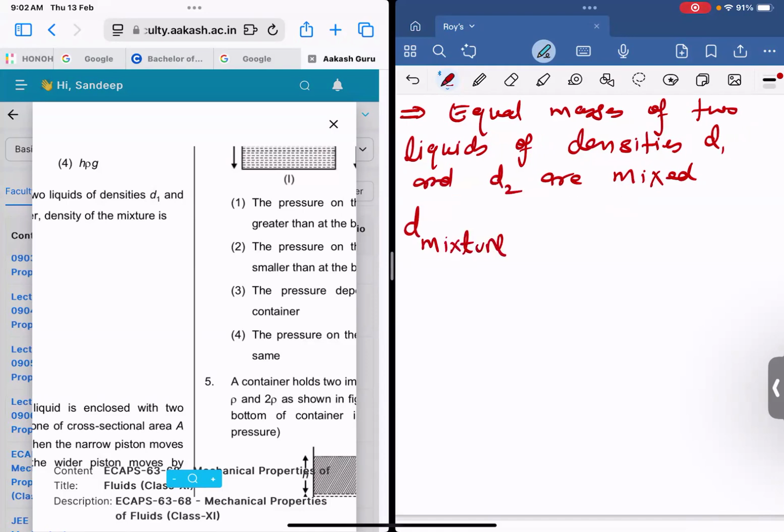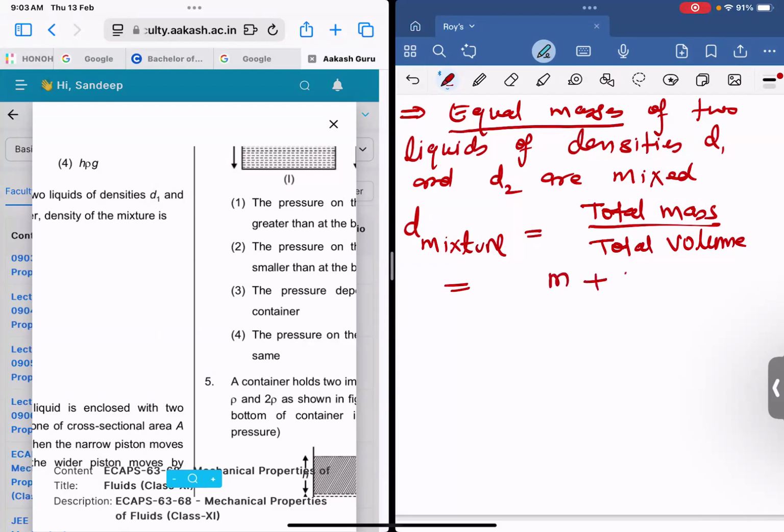We know the density formula is total mass divided by total volume. Individual mass is given as equal. Let's suppose one has mass m, and the other also has mass m.